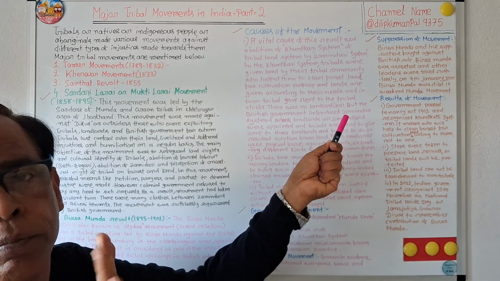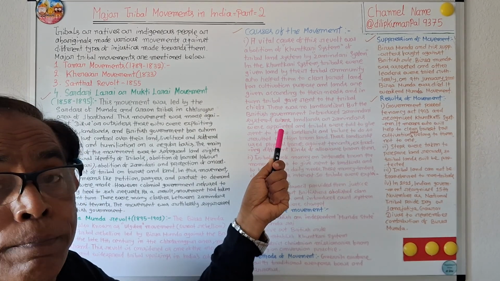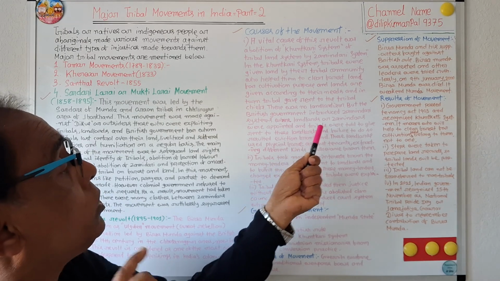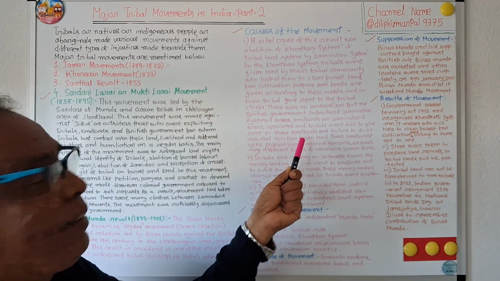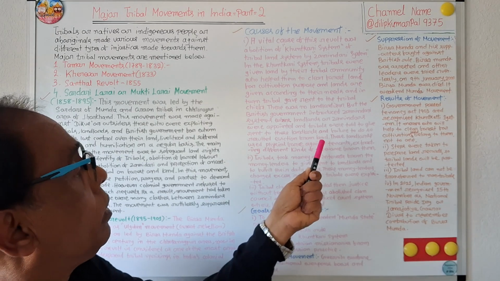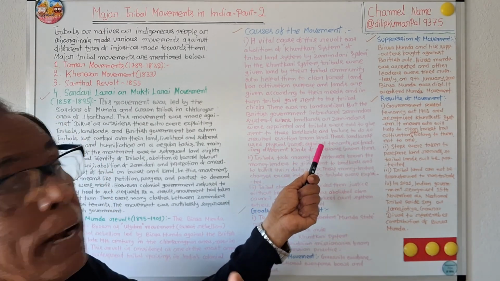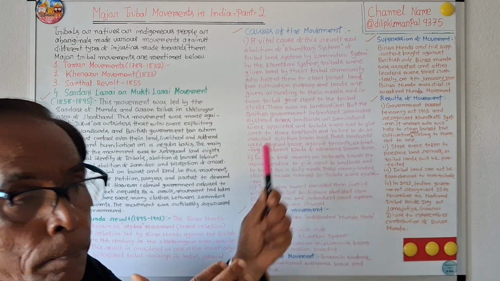But the British government introduced the Jomidar system, where landlords or Jomidars were appointed, and tribals were told to give rent to those landlords. Failure to do so resulted in eviction from the land.